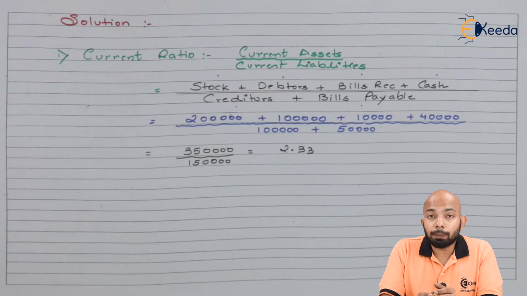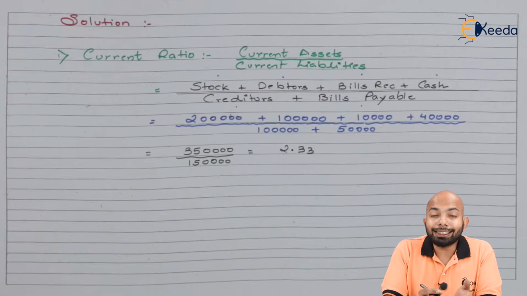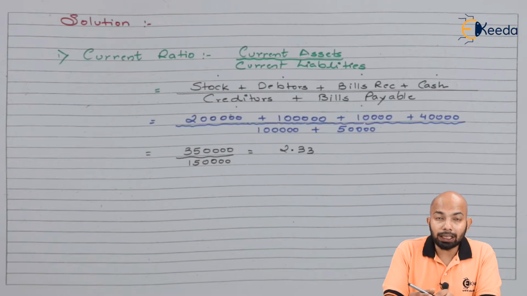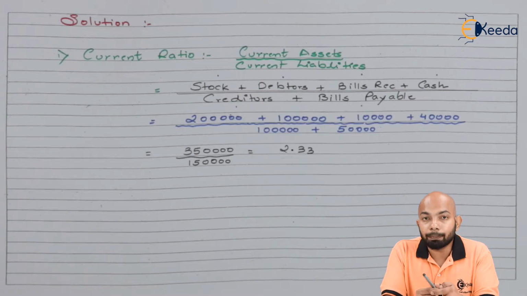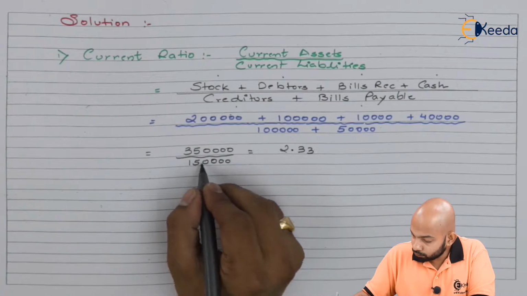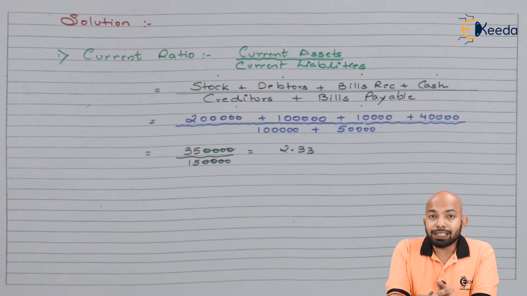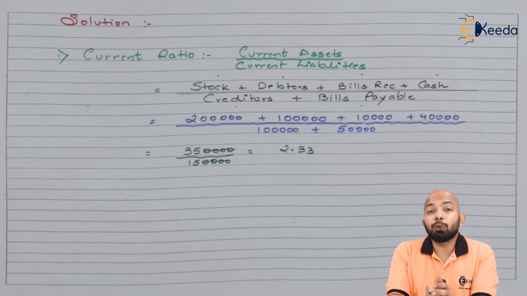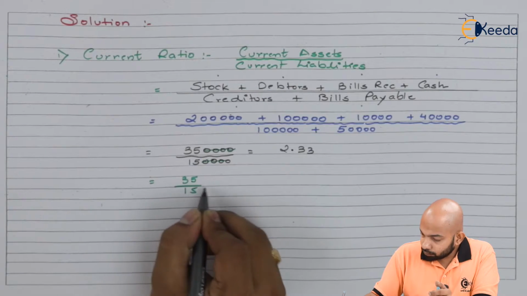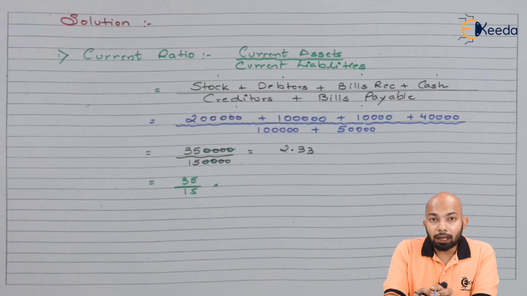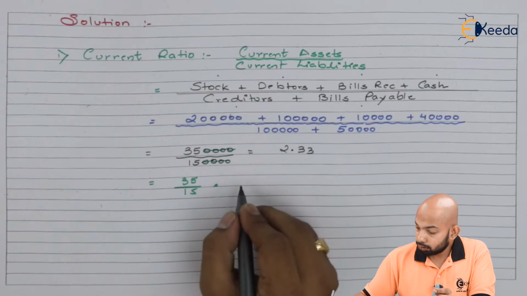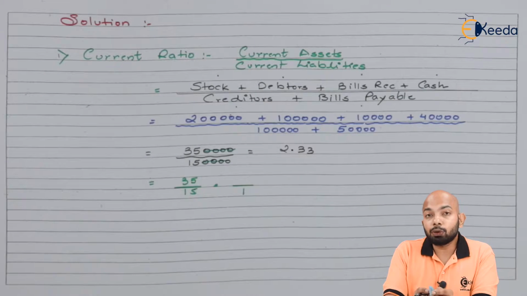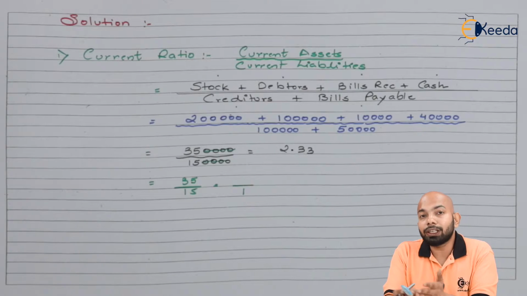The ratio that comes up is 2.33. Ideally, it can also be told as 2.33 is to 1. I'll tell you the reason in a very simple way. As you see, we have cancelled out the zeros in green there. So 35 upon 15 will give you 2.33. 15 ones are 15, 15 twos are 30, carry 3 ahead, and that will keep on continuing.